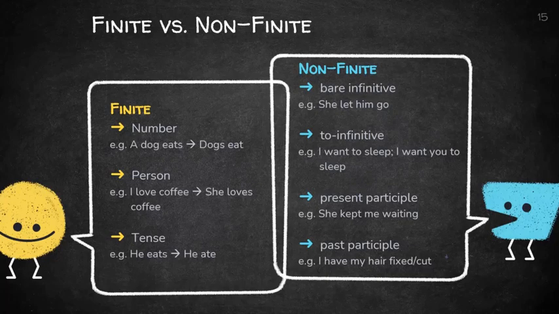So no matter how I change the tense of the sentence, let's say from simple past to simple present, in the first clause, she let him go is a past tense. So if I change it into she lets him go, the word go won't change into goes, but the word let will.